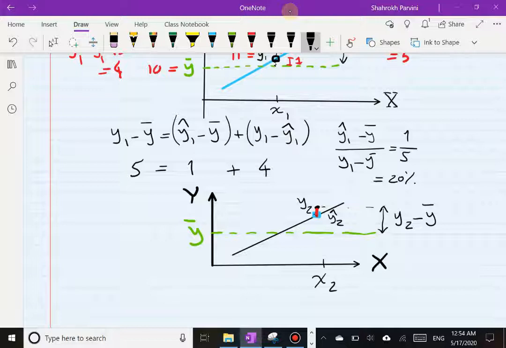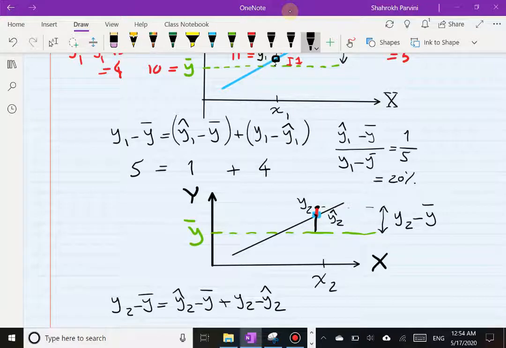We can partition that again into two pieces. Just like before, I can write y2 minus y bar as the sum of two pieces, y hat 2 minus y bar plus y2 minus y hat 2.